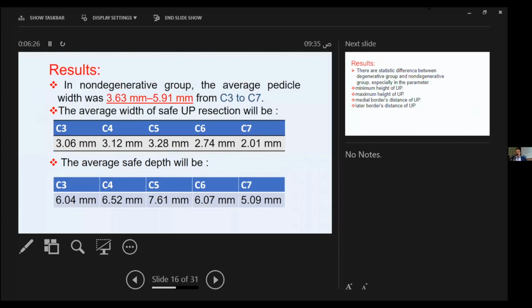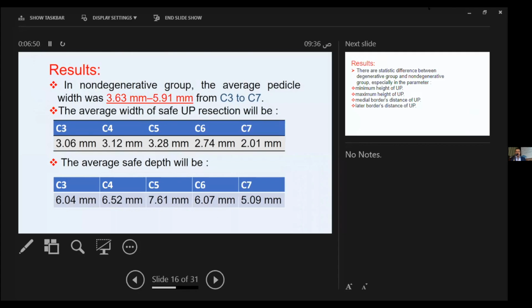For the results, in the degenerative group the average pedicle width was 3.63 mm to 5.91 mm from C3 to C7. The average safe uncinate section width is in the table from C3 to C7, and the average safe depth is in the second table.